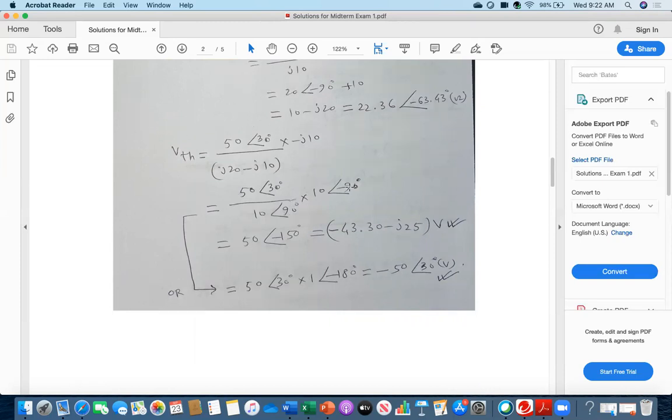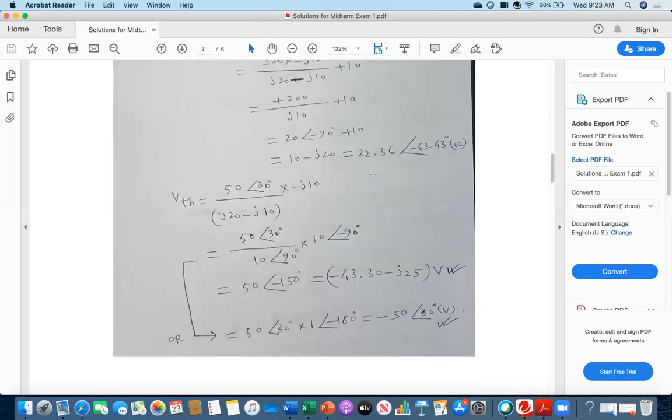So minus 90 minus 90 is minus 180, but then plus 30, so you can say minus 150. So 50 at an angle of minus 150, or you can express in rectangular form minus 43.30 minus j25. Either format is fine, you will get the same credit, no problem.